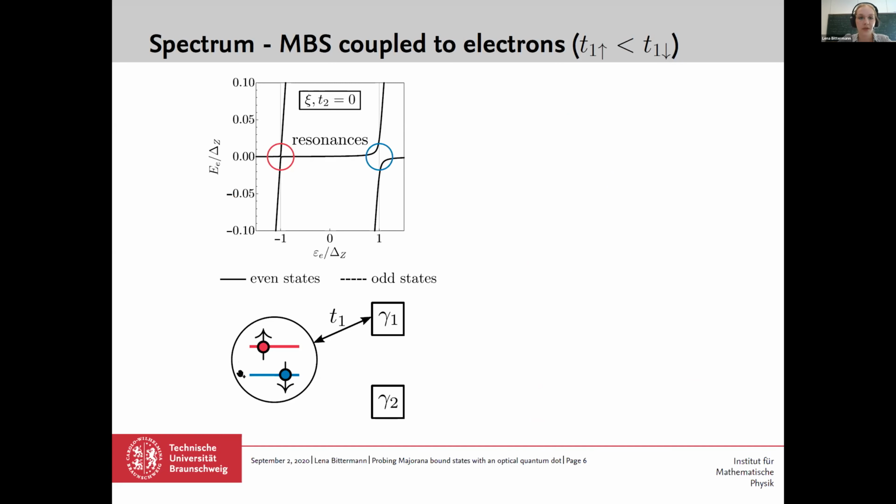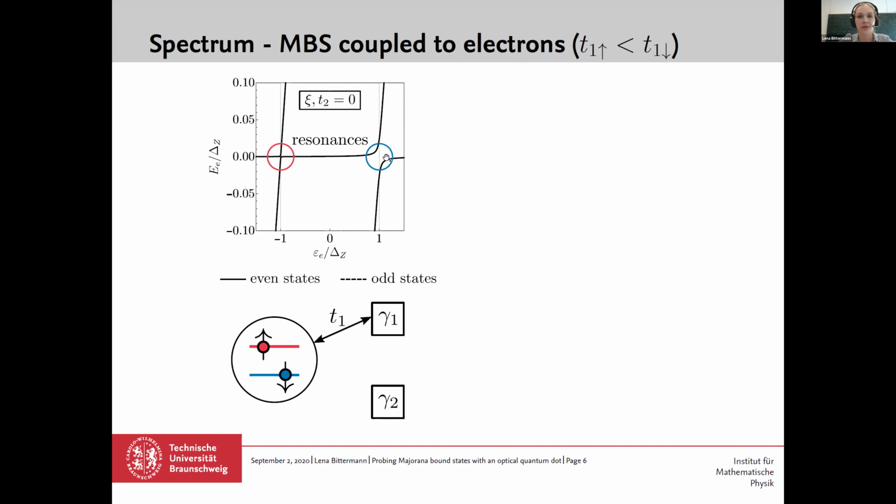So here we look at the dot coupled to only one Majorana, and note that we always assume that the coupling to up spins is smaller than to down spins, which would be the case for a nanowire in a Zeeman field. So here's the spectrum. And here you can see two resonances in the spectrum, and you see that even and odd states are degenerate. So here is the coupling for up spins, and here's the coupling for down spins.